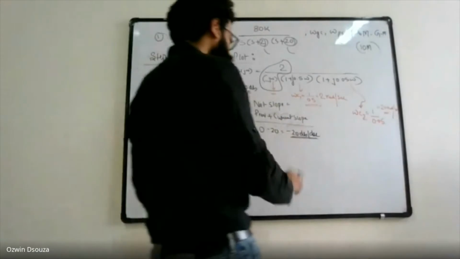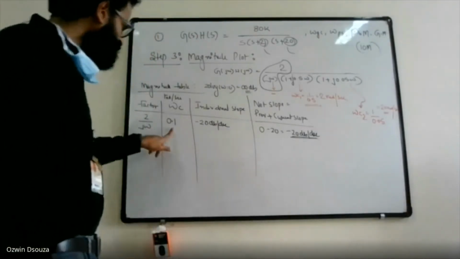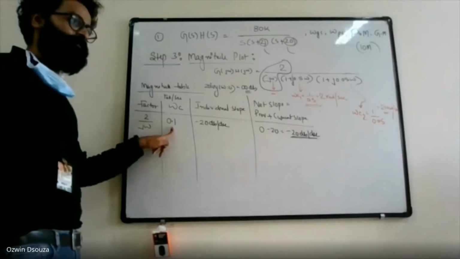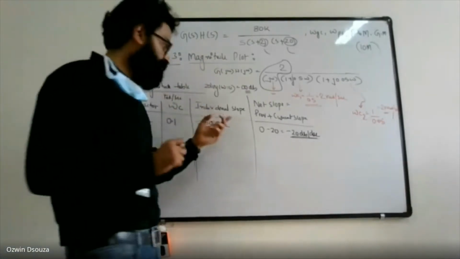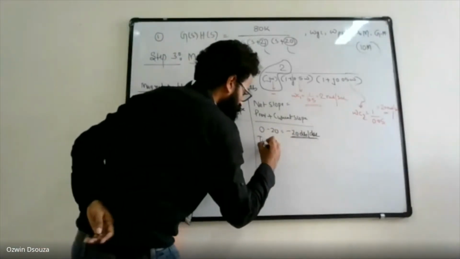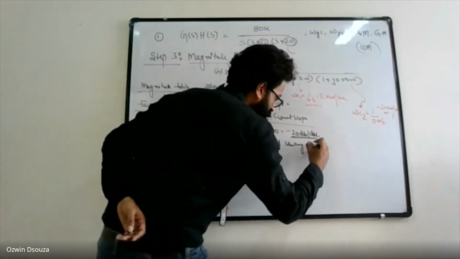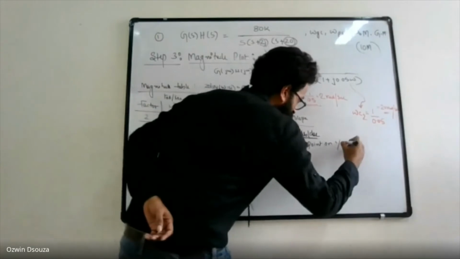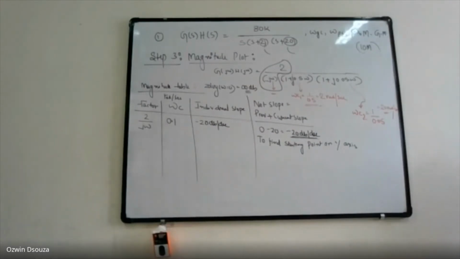So you have to draw a straight line with a slope of minus 20 decibel per decade. How to draw? I will tell you later. Okay, but since you have considered the starting frequency as 0.1, you have to find from what point the magnitude plot starts. So to find the starting point on y-axis, because you can draw minus 20 decibel per decade slope, but at what point you should start drawing?